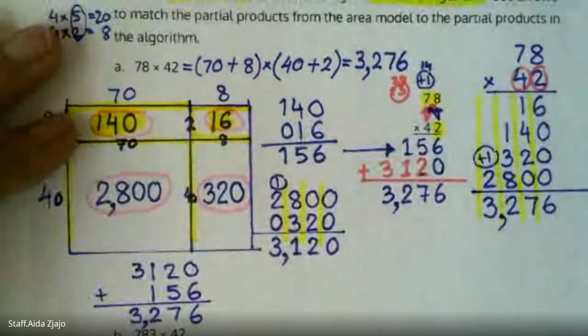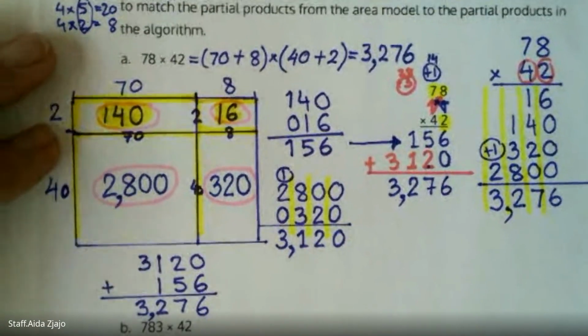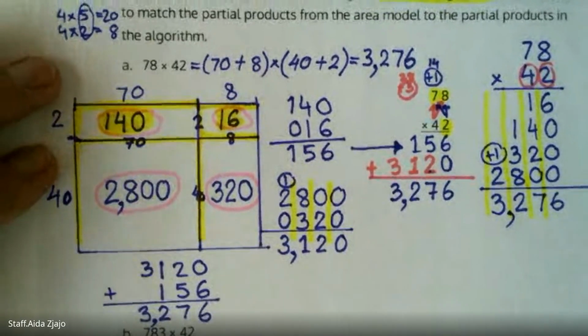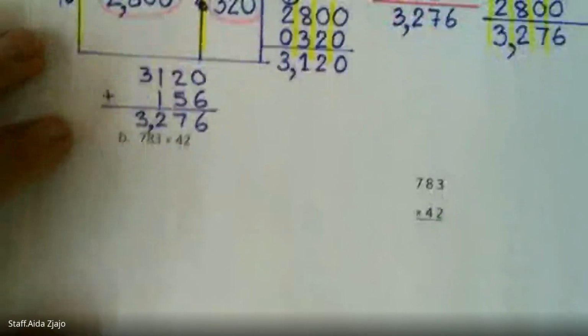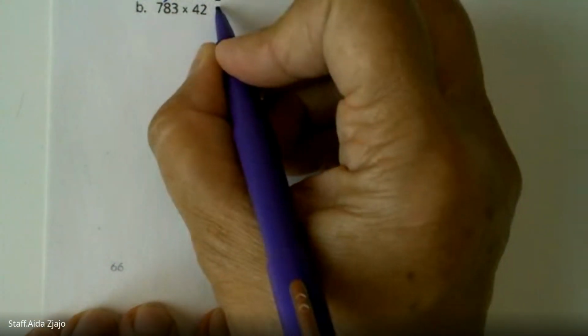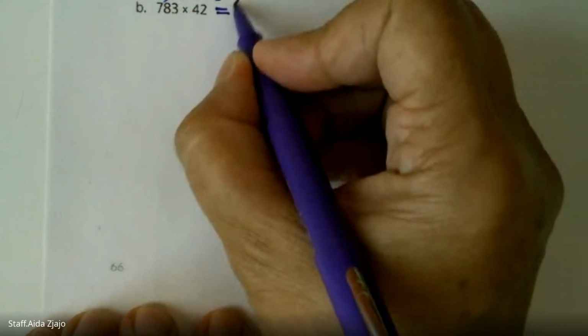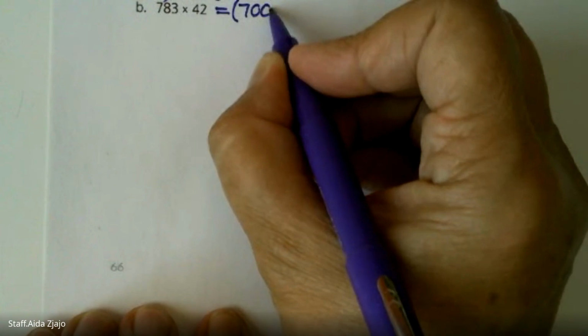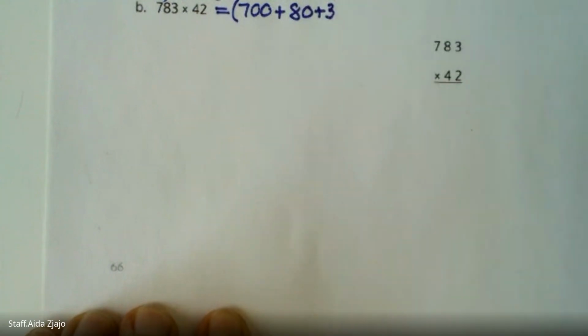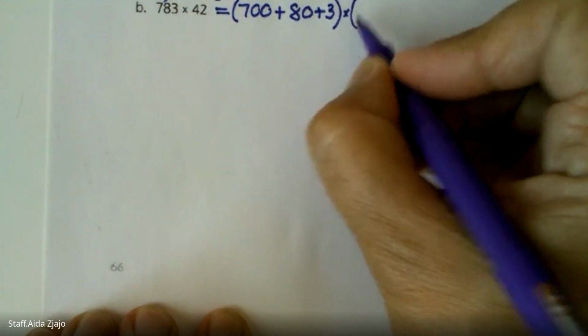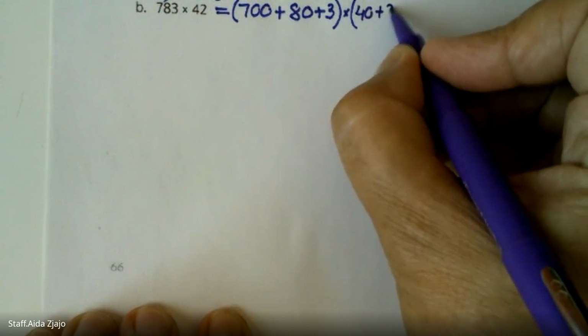All right, so that was A, and now I'm going to move to do B. Okay, B is 3-digit by 2-digit multiplication. So it's the same thing. I'm going to decompose 700 plus 80 plus 3, and I'm going to multiply that by 40 plus 2.